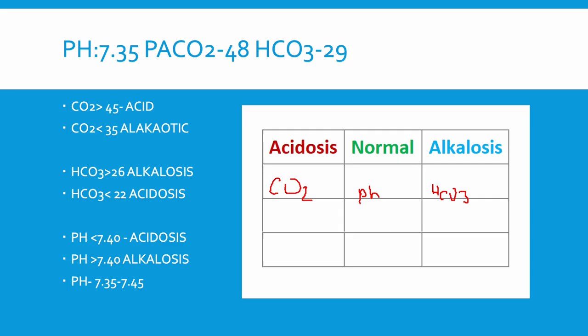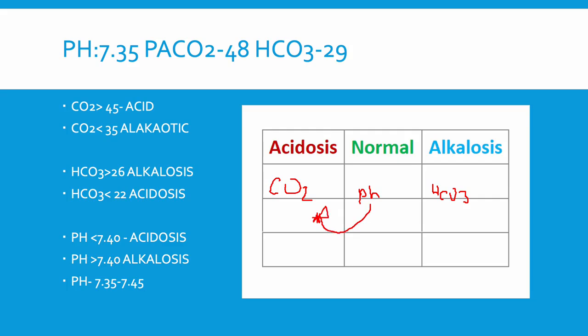So the pH is 7.35. So our little chart on the side said that if the pH is less than 7.40, it will be considered acidosis. So even though it's normal, it's on the acidosis side of being normal. So the pH would then go over here.